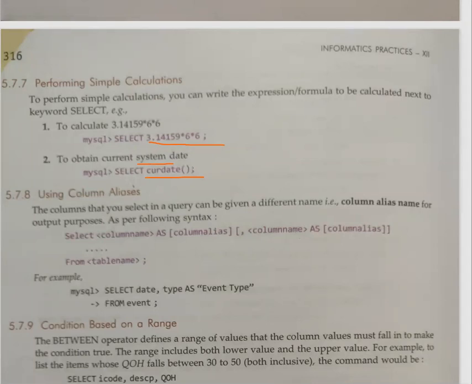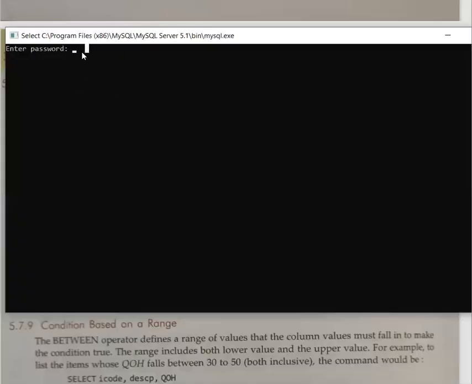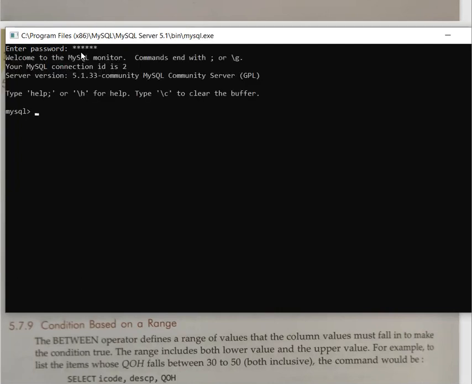Okay. Current date. Yes. Okay, so as usual, first we need to type the password, and then, for example, I just wanted to show you that calculator part. Select, and then you can write any calculation, whatever you wanted to do. For example, 6 into 3. So it will give me the answer. Now, along with the select, you can write multiple values.